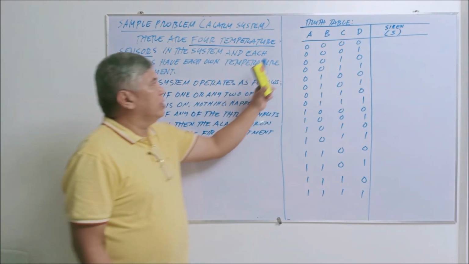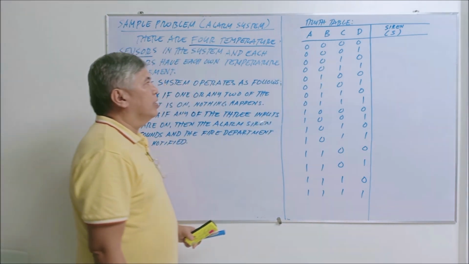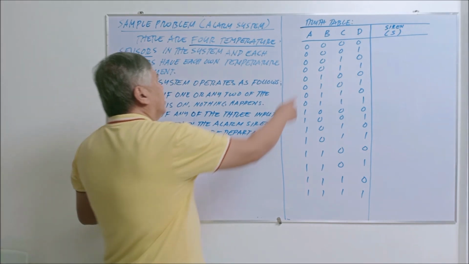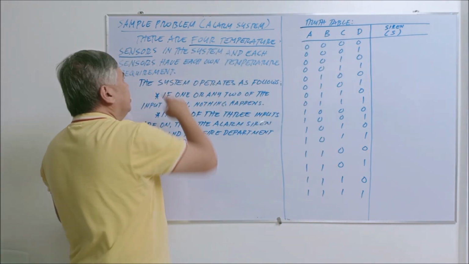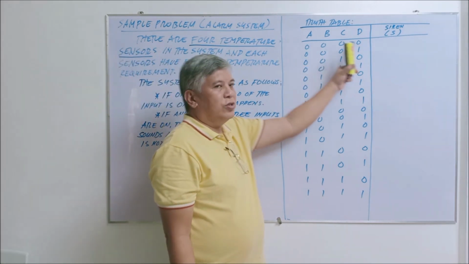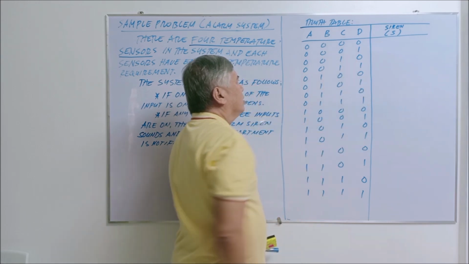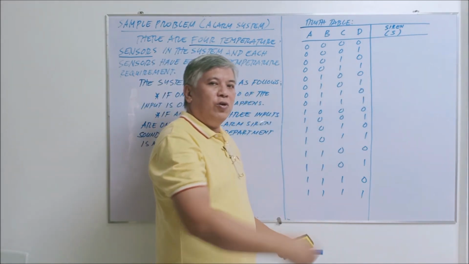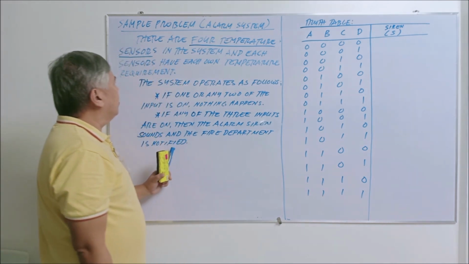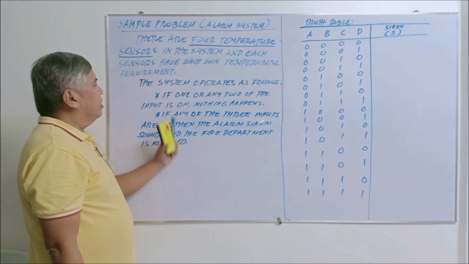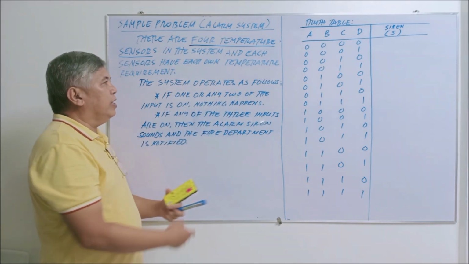So what we have here is 4 variable inputs represented by A, B, C, and D. And these are our 4 temperature sensors. Okay? With each sensor here having its own temperature requirements. Okay. So based on our requirement, if one or any 2 of the inputs are on, nothing happens.